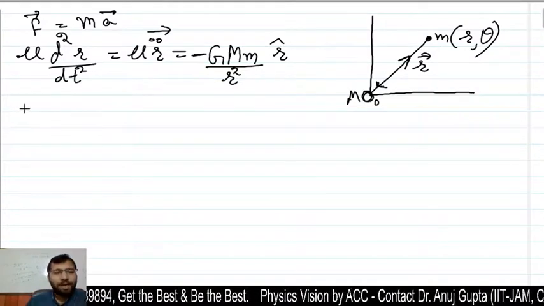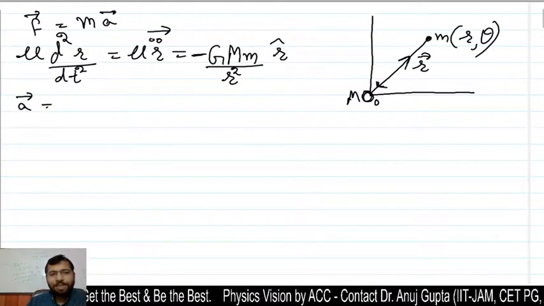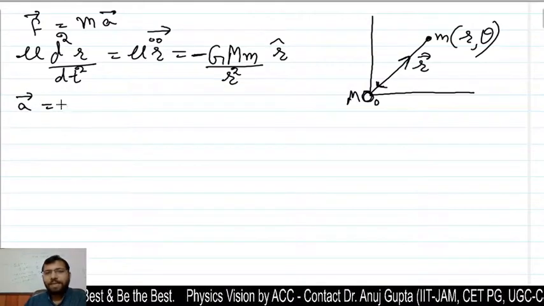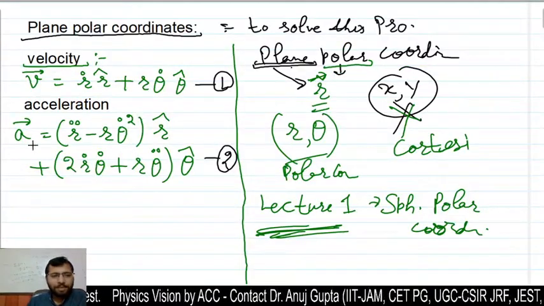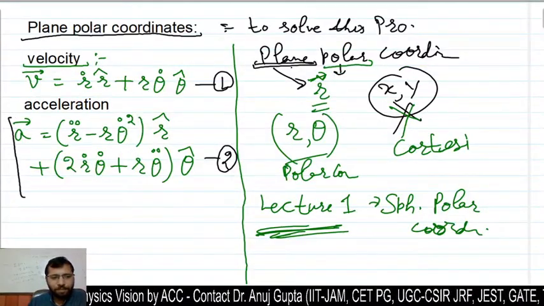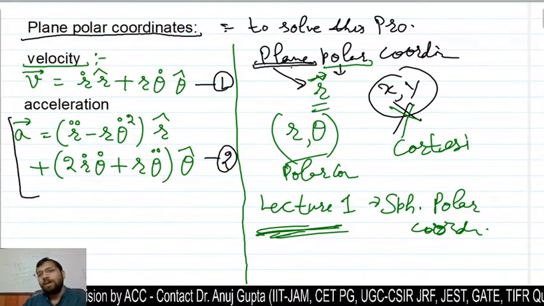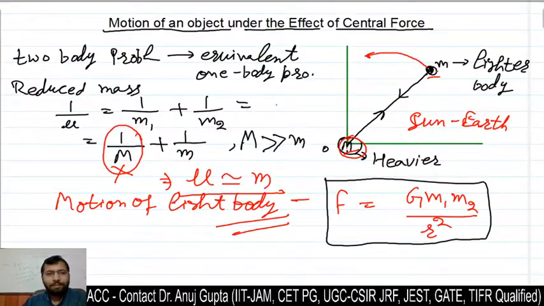Okay, now what to do? Now the work is simple. Now we need to put the value of acceleration, what we have earlier studied. Here we had taken this. This is the formula for acceleration. We need to put it in that formula.